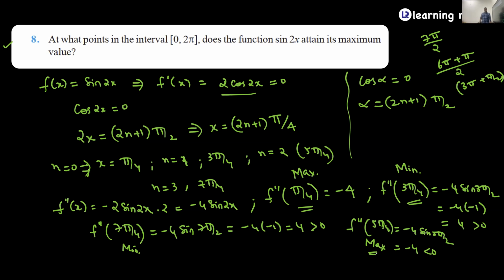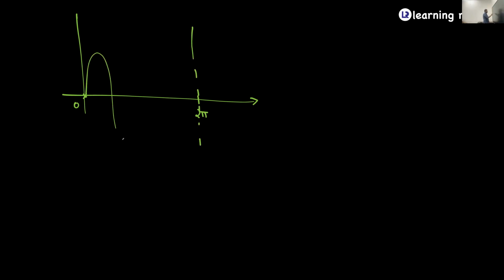Okay. So just to give you a different picture, observe, I'll show you something. So between 0 to 2 pi, this graph of sine 2x will repeat itself twice. So this is between 0 to pi, and this is between pi to 2 pi.